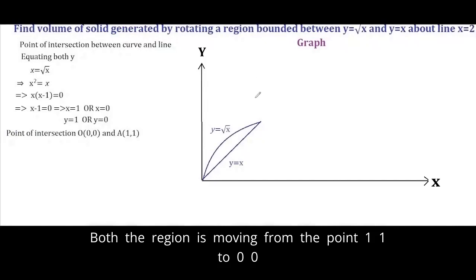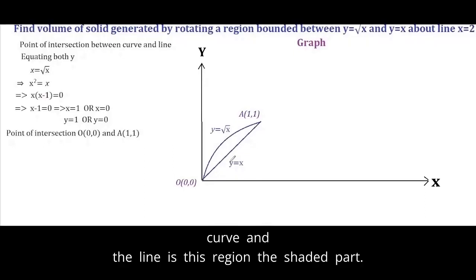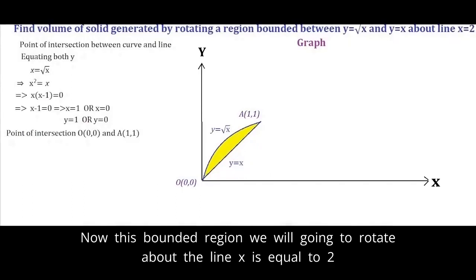Both are moving from the point 1 1 to 0 0, and the region bounded between the curve and the line is this region, the shaded part. Now this bounded region is going to rotate about the line x is equal to 2, which is a vertical line.